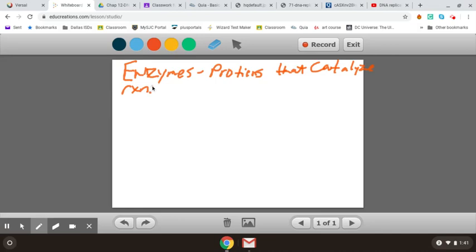They help reactions go. So we're going to need enzymes here. And some of the enzymes that we're going to need, one of them is called helicase. And another one is called polymerase.